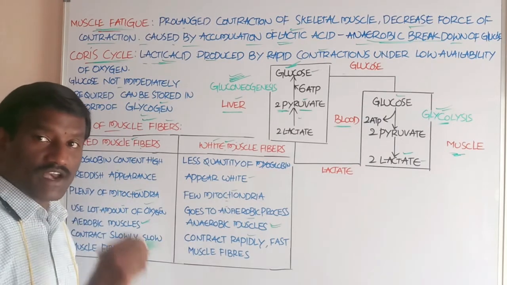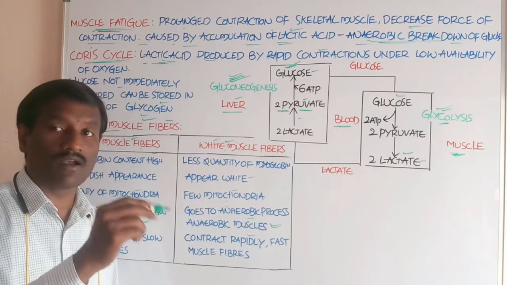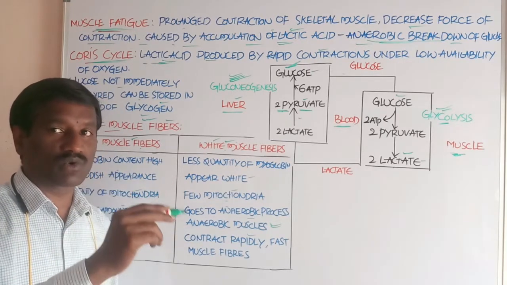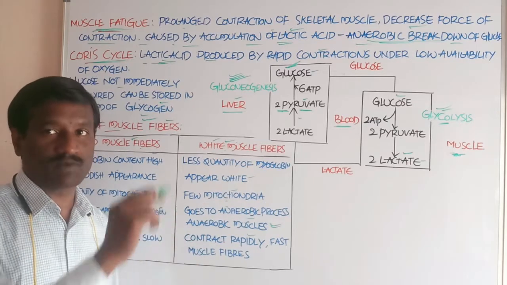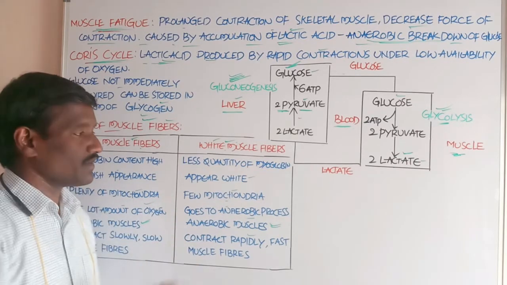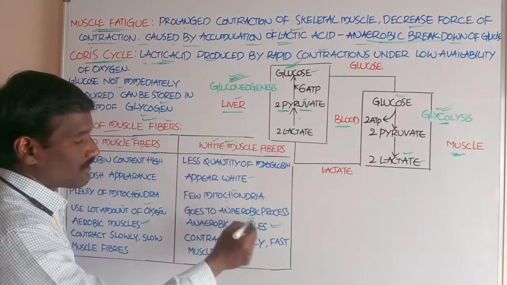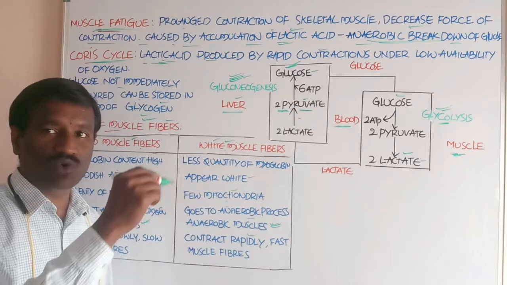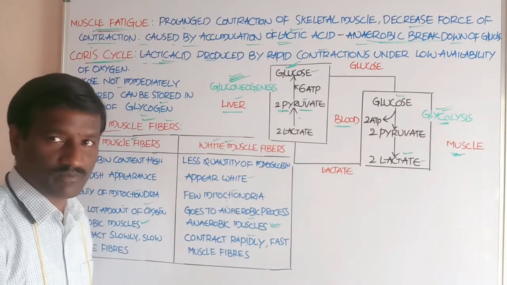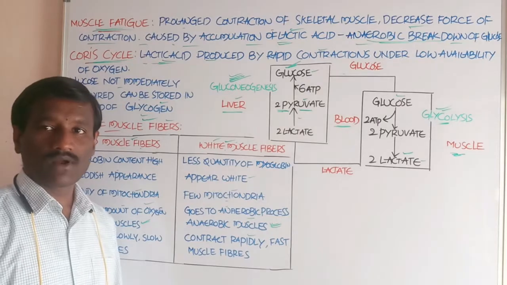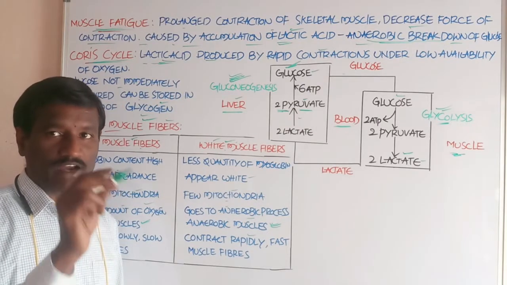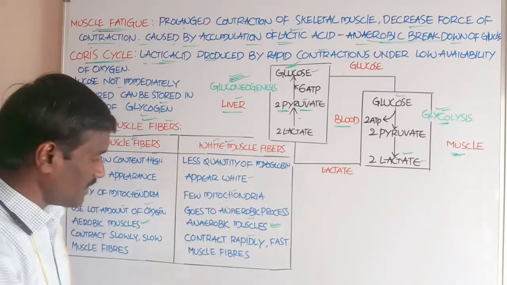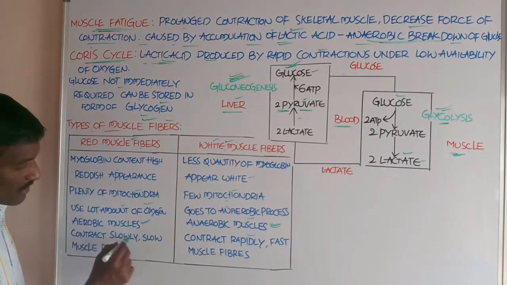Red muscle fiber is called an aerobic muscle because it undergoes aerobic respiration, and white muscle fiber is called an anaerobic muscle because of the low amount of mitochondria and myoglobin.